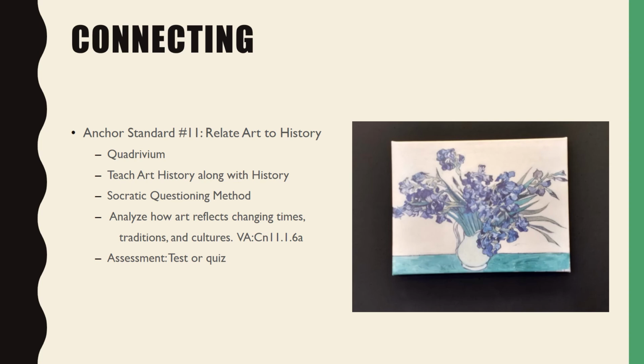And so for an assessment for this, I think that a test or content quiz is really appropriate here. Make sure to do a lot of review, and I would actually print the test out ahead of time at the beginning of the unit so that you know what you want to test them on, what knowledge you want them to have, so that you can be reviewing that important information throughout the whole unit.